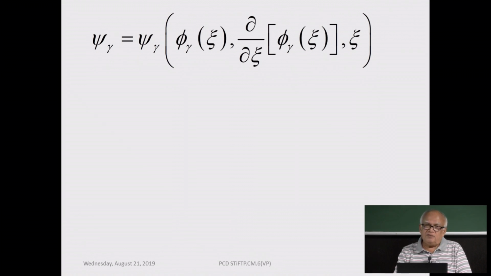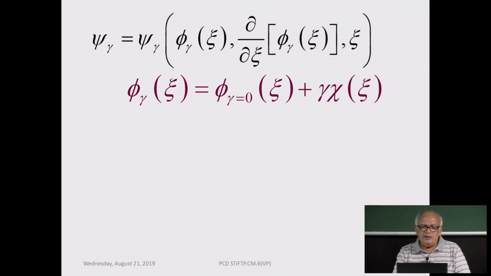So that is the nature of this function, and it can be the action that we have talked about in the context of mechanics, but it can be something else also. So this is a very general formalism due to Euler, and you now have a dependence of phi on xi, but then it depends on a control parameter gamma. So how do you describe this?